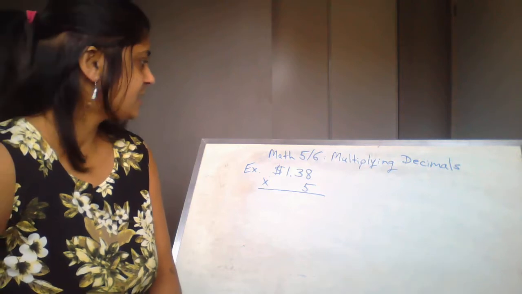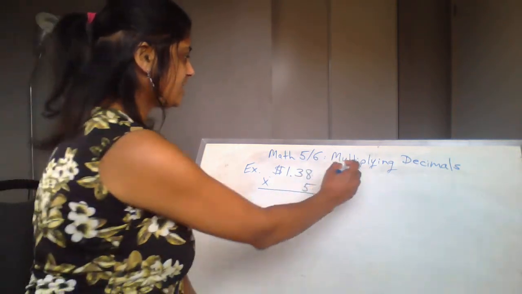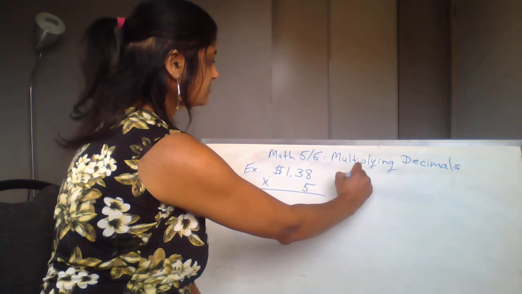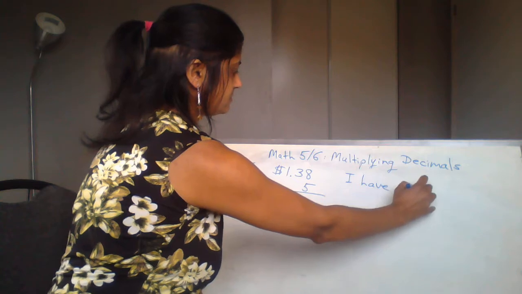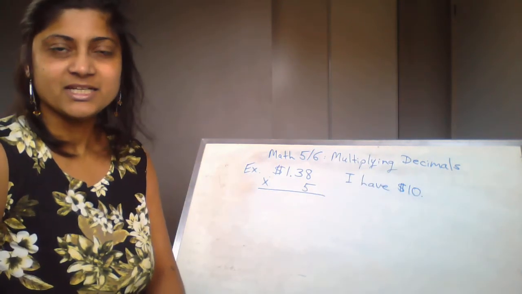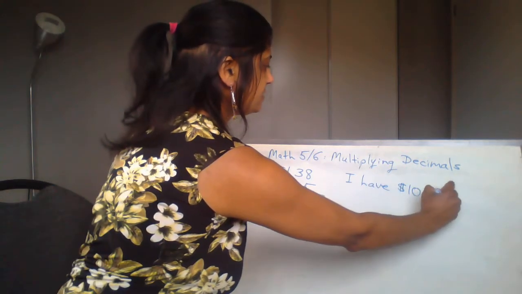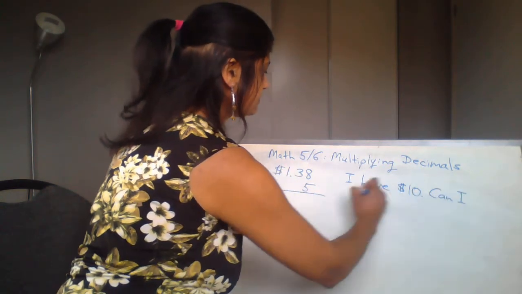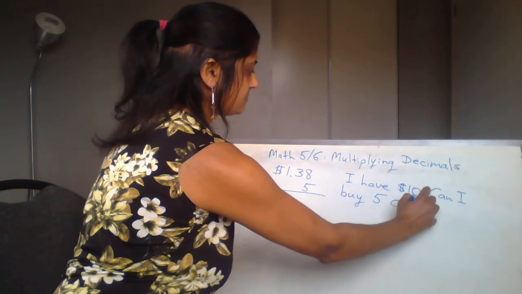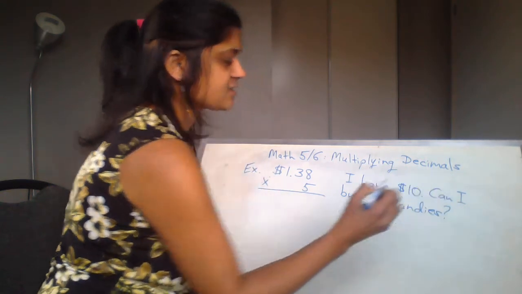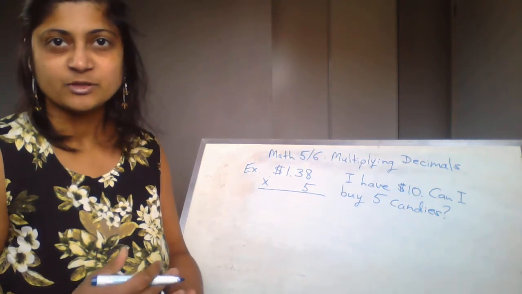And let's try the same thing. So I have maybe like $10. And I just need to buy 5 candies. Let's put, can I buy 5 candies? So there's 5 candies for just 5 of my closest friends. I don't need to buy candies for the whole class.